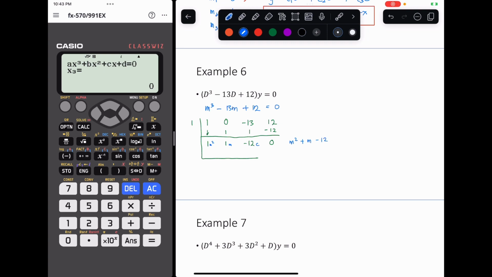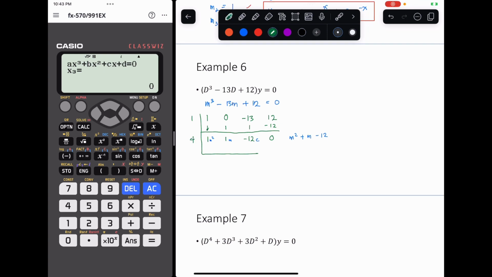As you can see here, the factors of this, to get a positive m in between, would be 4 and 3, so positive 4 and a negative 3. Therefore, I'm going to try positive 4. So bring down 1. So 1 times 4 is 4. So 1 times 1 plus 4.